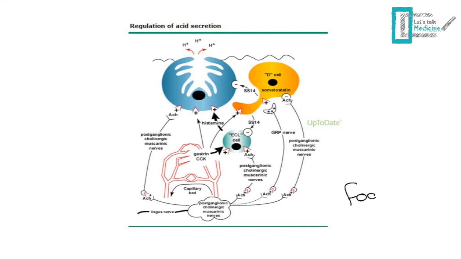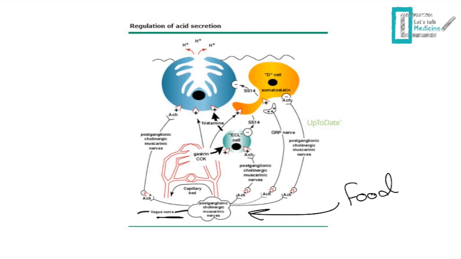Okay, so what happens when you have food? When the person sees or smells or tastes food, you have vagal nerve stimulation. Vagal nerve stimulation, what does it do? Well, it produces ACH going all the way to the D cells and stops somatostatin from being produced. We don't want to stop hydrochloric acid because we know there's food coming and we want hydrochloric acid to be there to digest that food.